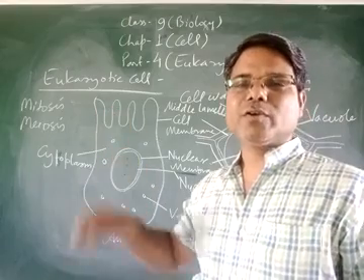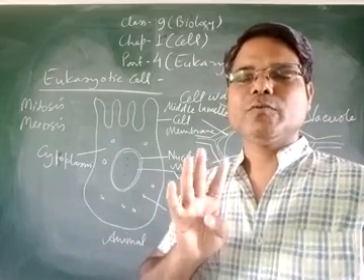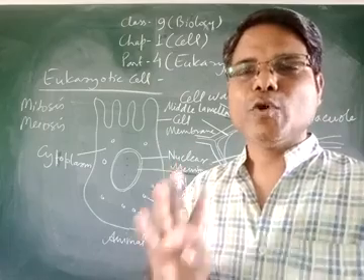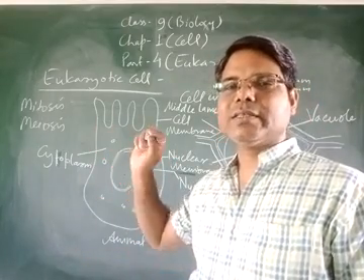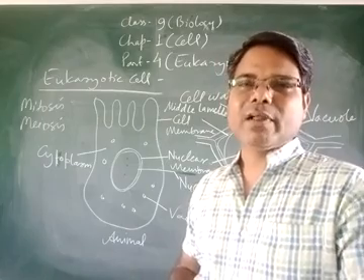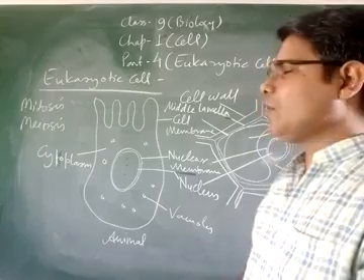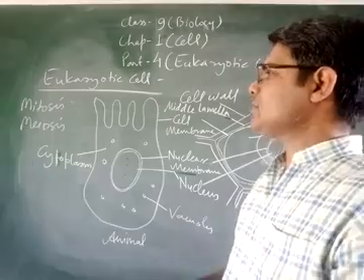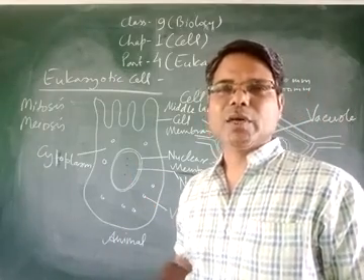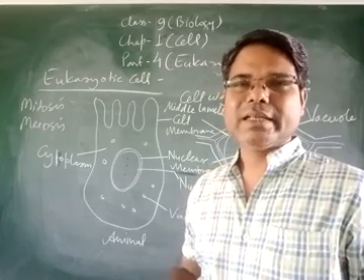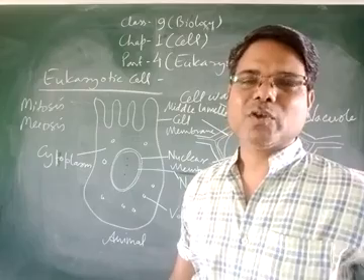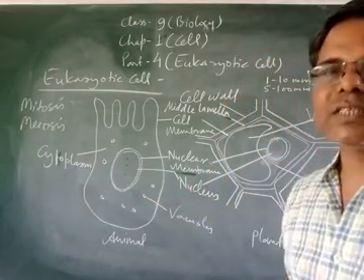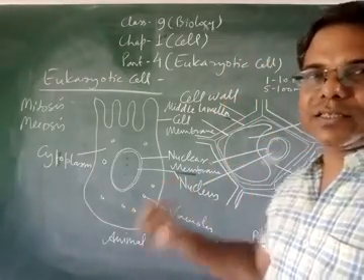In mitosis, one cell divides into two cells, whereas in meiosis, one cell divides into four cells. Mitosis is responsible for growth and development of the organism, whereas meiosis is responsible for the production of reproductive cells, that is gametes, either sperms or ovum, which is the characteristic property of either animal cells or plant cells.